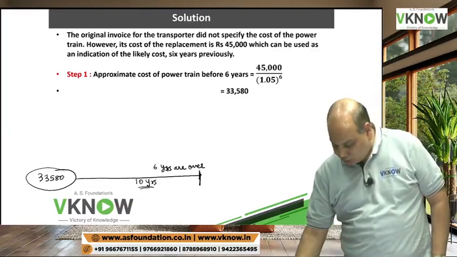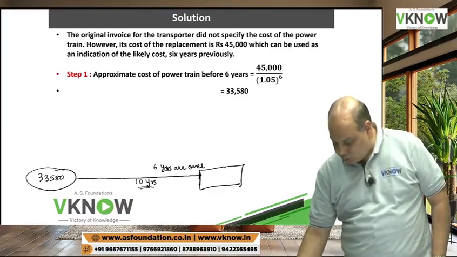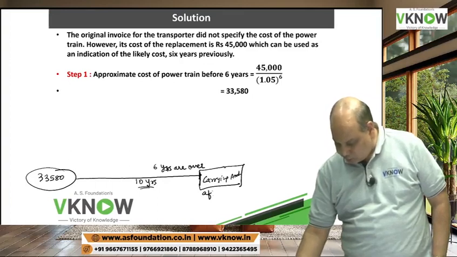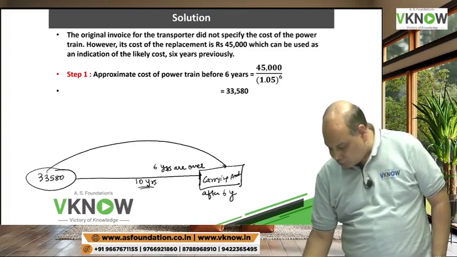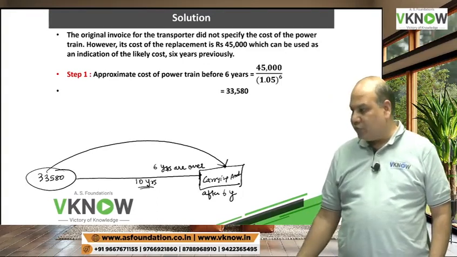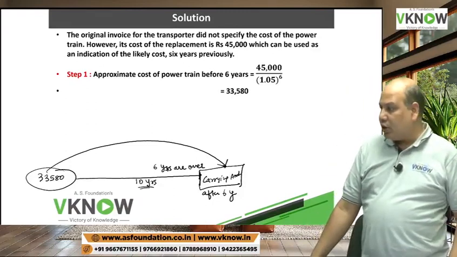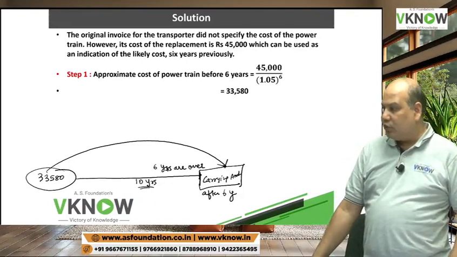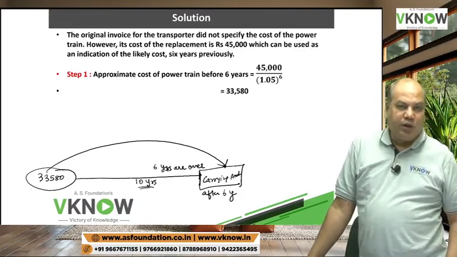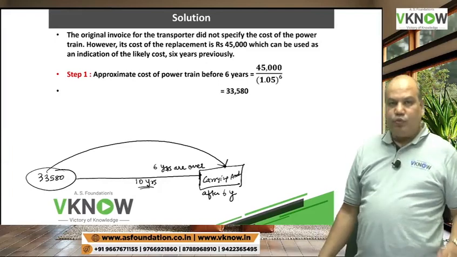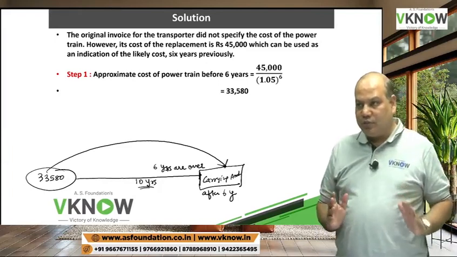So can you tell me what will be the carrying amount of this powertrain after 6 years? Please try. Unless you try, you will not understand. So you will have to depreciate it for 6 years.